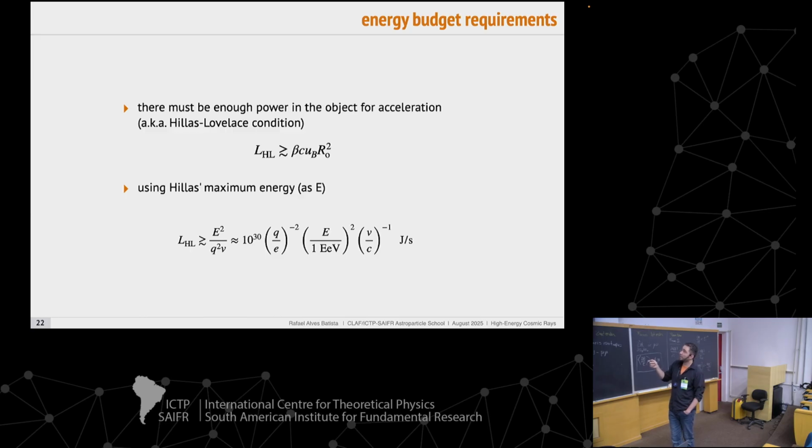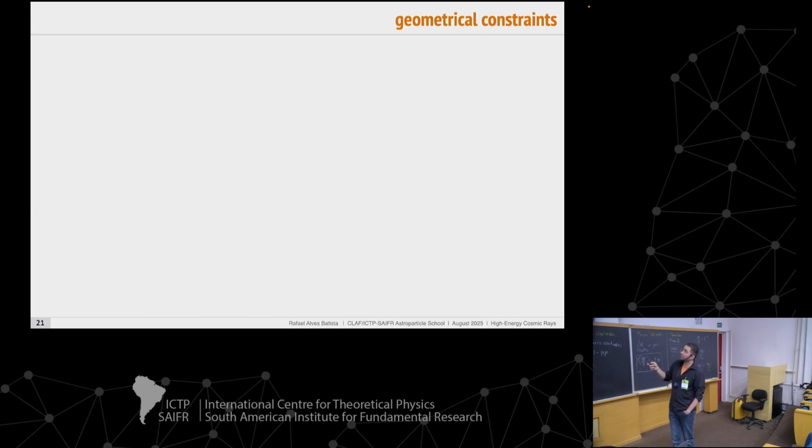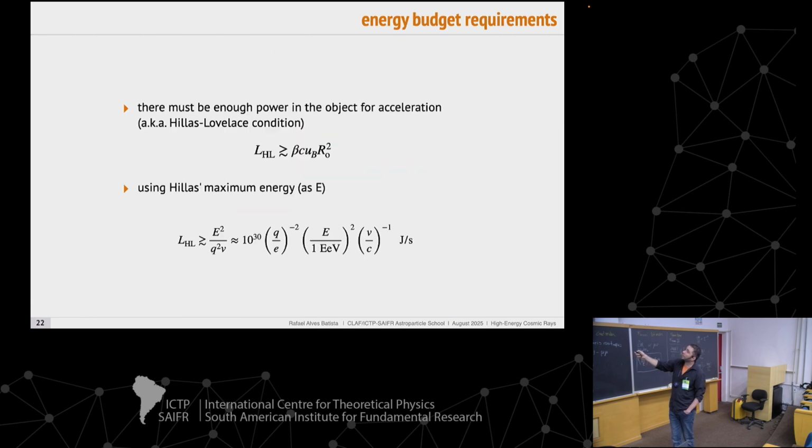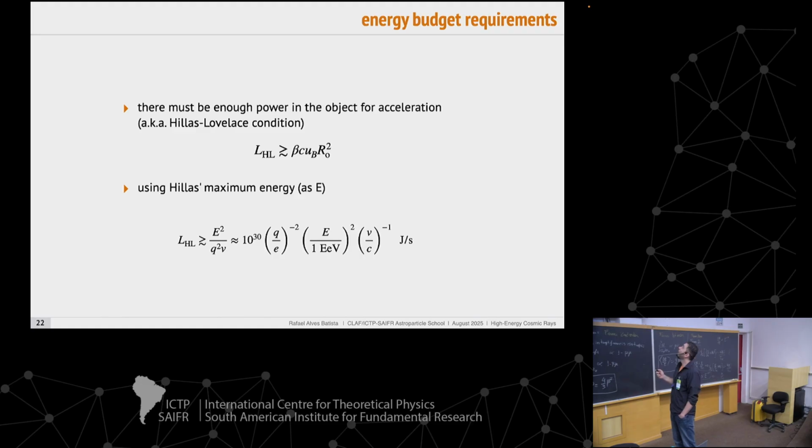We can just plug in the Hillas condition that we've seen in the previous slide, this one, and rework things. So we need a minimum energy requirement, depending on the magnetic field of that region, to ensure the luminosity that we observe.